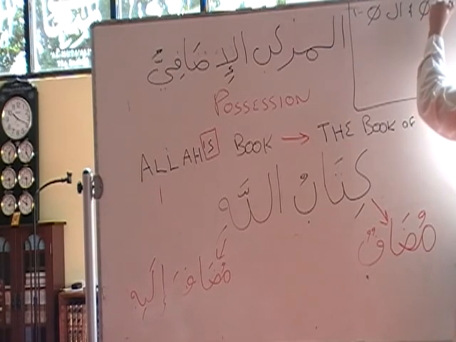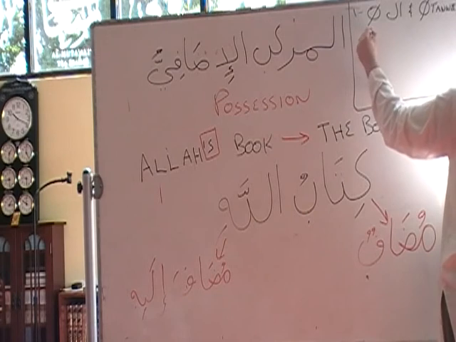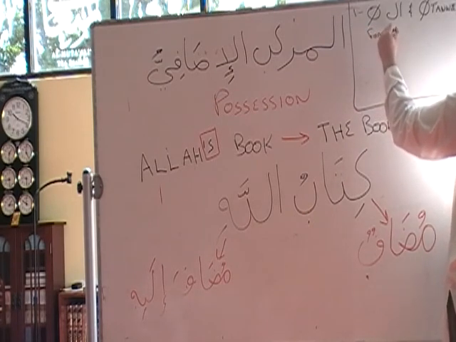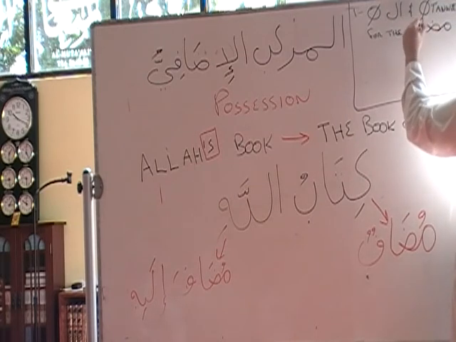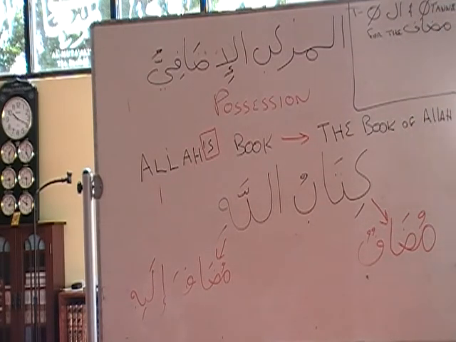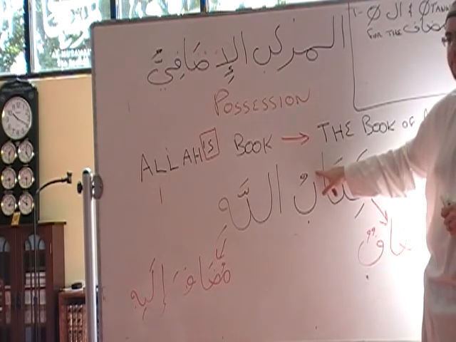Tanween are the double letters, right? Un, in, an, for the mudaf. Did everyone read that, or should I erase this and write it bigger? It's fine? So there's no alif lam and no tanween for the mudaf.